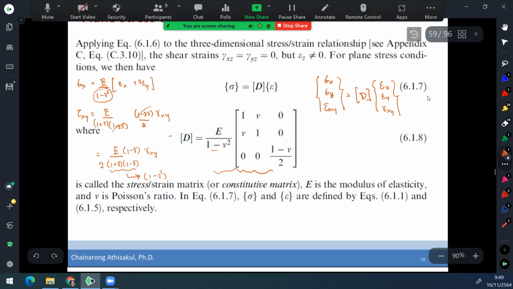Then the plane stress equation becomes this. Don't forget, it's very important to select the condition. If you simplify your problem to be plane stress, you have to use the constitutive equation, that is the constitutive matrix D. You have to select the correct matrix D also, for the plane stress condition.